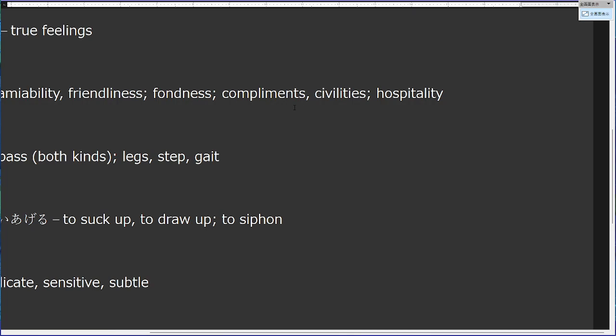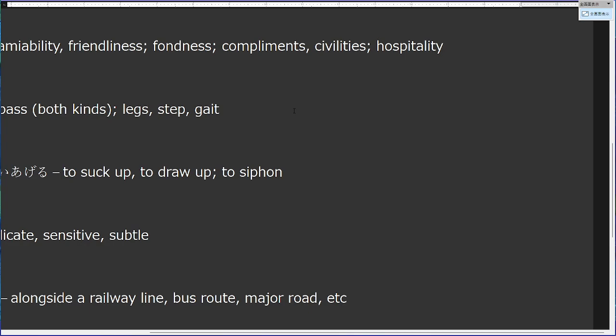One's true feelings are honshin, hon on the left side for book or for truth, and shin on the right side for a heart or a mind. Amiability, friendliness, or fondness is aiso. Ai on the left side for love or affection, and so on the right side for ideas of it, meaning hospitality, amiability itself, or compliments and civilities.